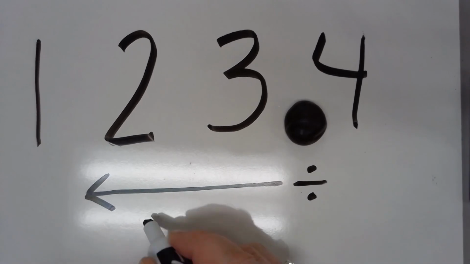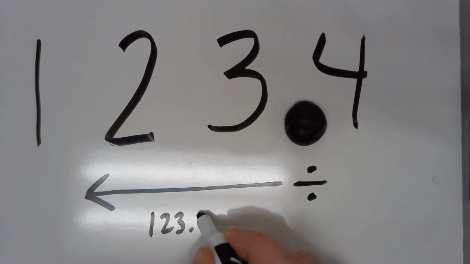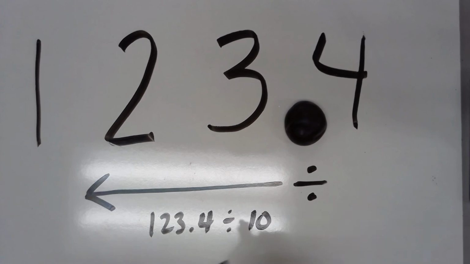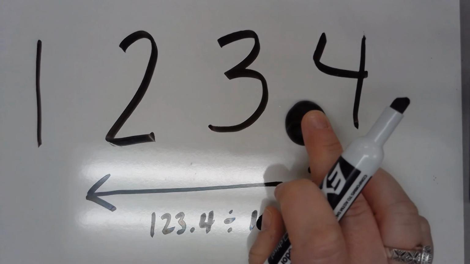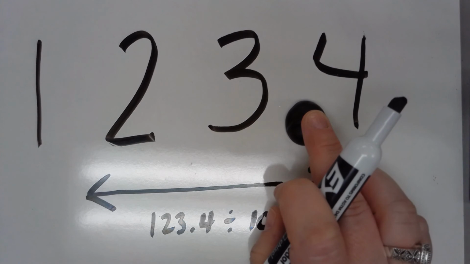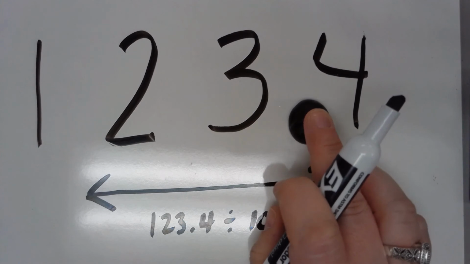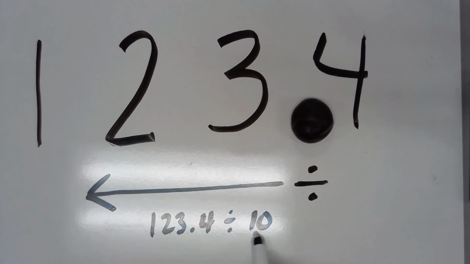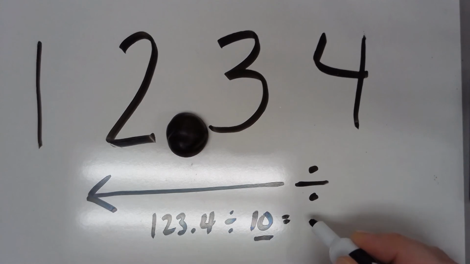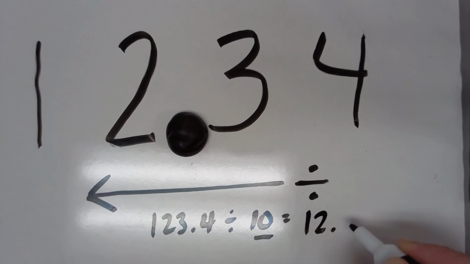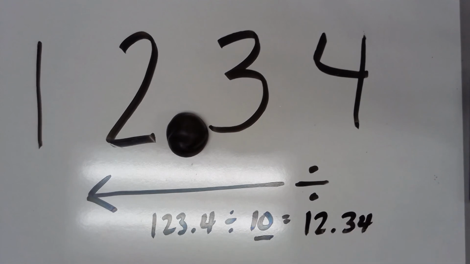So if I have 123 and 4/10 divided by 10, my little decimal here is going to move 1 time to the left. So 123 and 4/10 divided by 10 is equal to 12 and 34 hundredths.